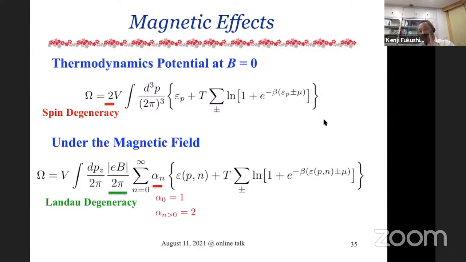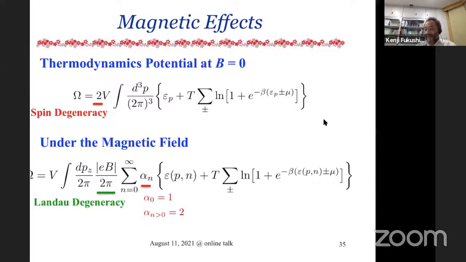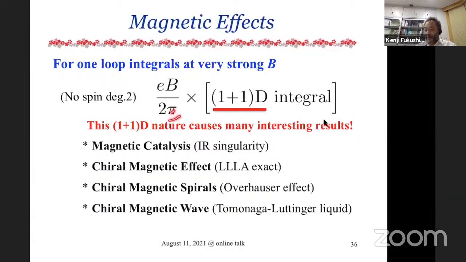And so this is simply a one-dimensional system, but the phase space factor appears, and that is this eB over 2 pi. And so approximately you can get the answer by a very simple calculation. And from this, you can understand many interesting phenomena like magnetic catalysis, the chiral magnetic effect, etc. And in this talk, I will talk about magnetic catalysis only.